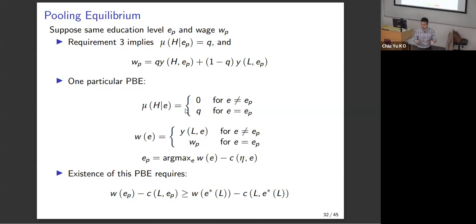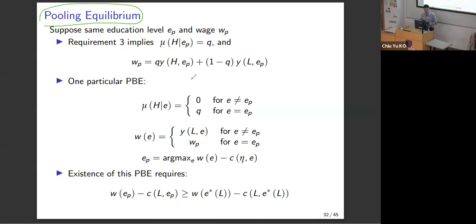Or you believe the other way around, but anyway, that is the idea. So let's look at the model. First is the pooling equilibrium. A pooling equilibrium requires that everyone gets the same education and hence the same wage.